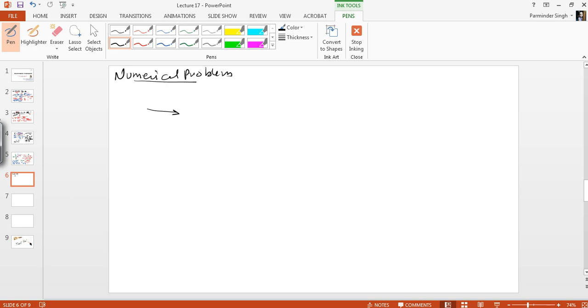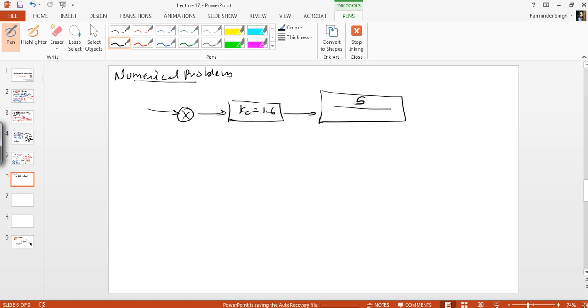We are given a control system where we are using a proportional controller Kc of 1.6, and the transfer function of the process is given, which is a second order with transfer function 5 over (s plus 1) into (2s plus 1). C is the output and R is the input, and it's a feedback system, that is this.